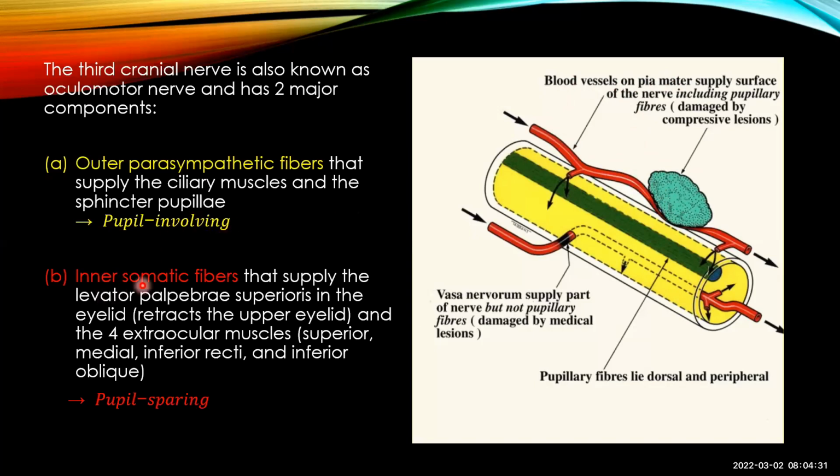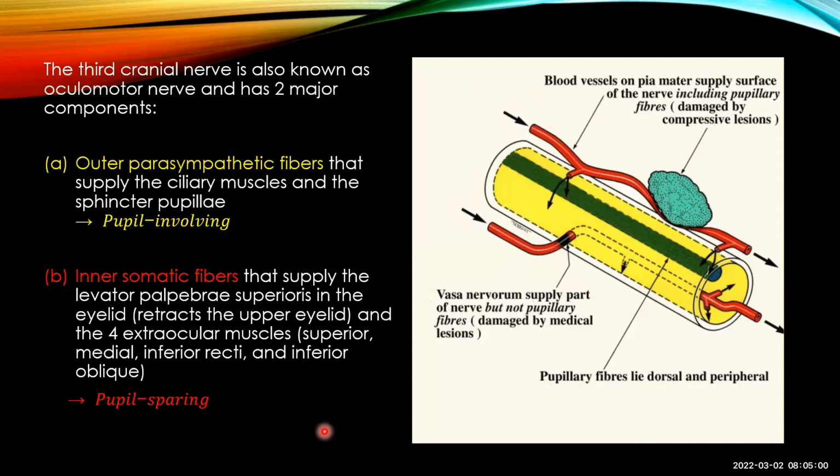What about inner somatic fibers? As the name suggests, inner, so this fiber actually runs along the inner area of the third nerve, and it is supplied by the vasa nervorum and can be damaged by ischemic changes, mainly a medical cause. Inner somatic fibers supply most of the extraocular muscles, being the superior, medial, inferior recti, as well as the inferior oblique, together with levator palpebrae.